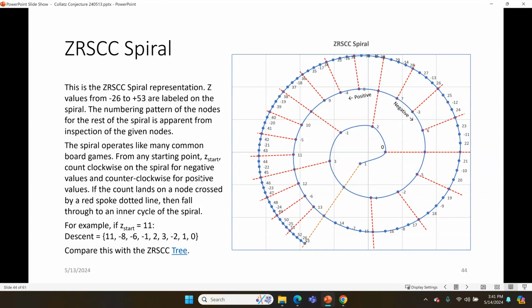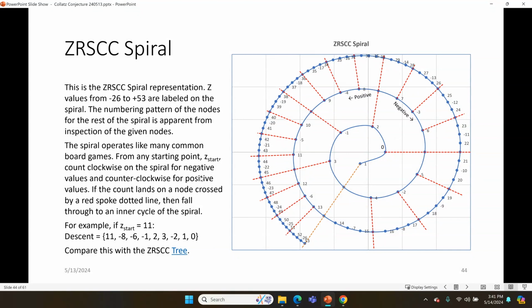That's a negative number, so we would count 8 clicks in the clockwise direction, the other direction. So that would land us on negative 6, which is also a negative number. So that counts 6 more nodes in the clockwise direction, and that lands us on the red spoke that descends down to negative 1.